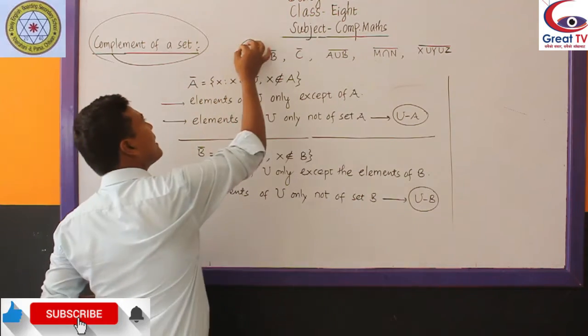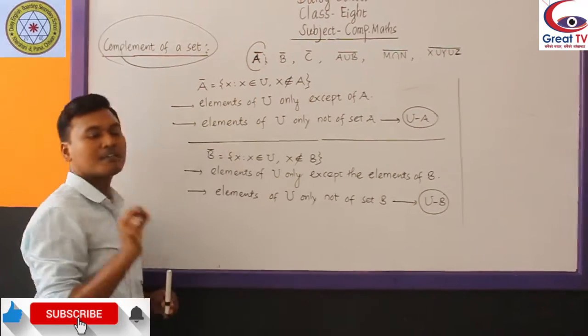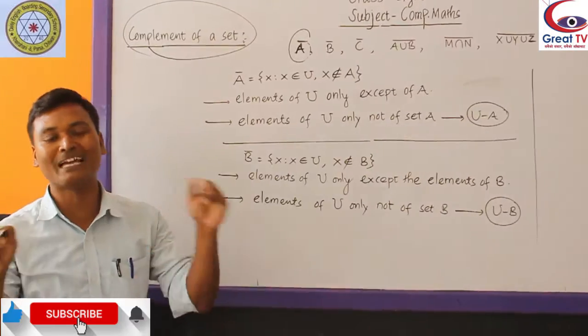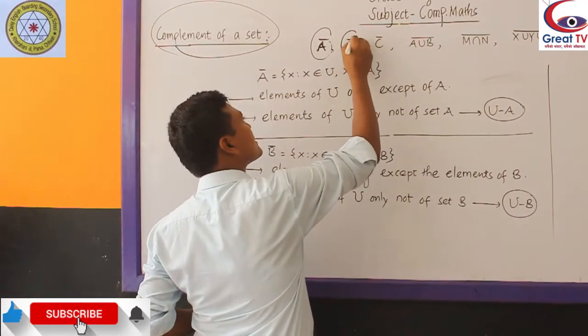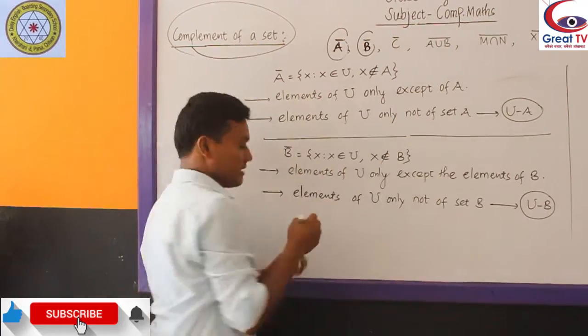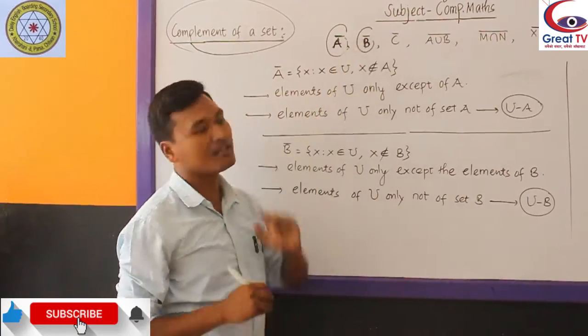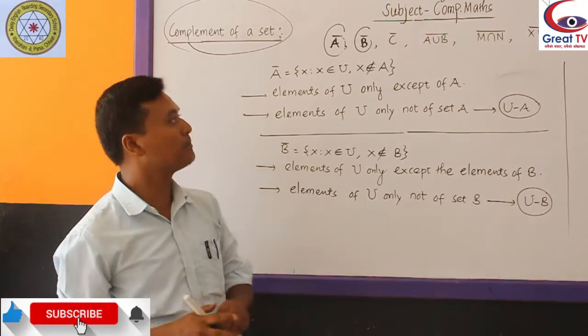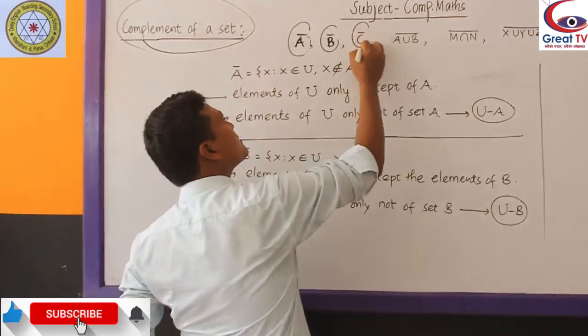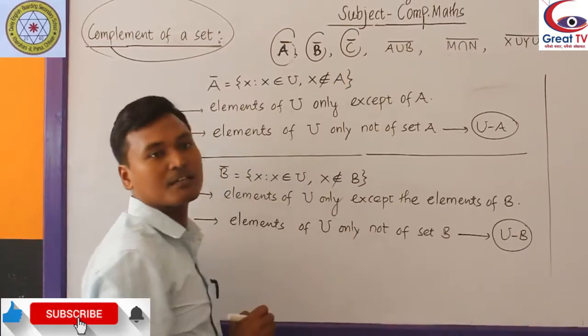It means if a bar is written just above any one set, we need to find the complement of that very set. Similarly, if a bar is written just above set B, we say B complement, which means we should calculate the complement of set B. Similarly, C bar means C complement.